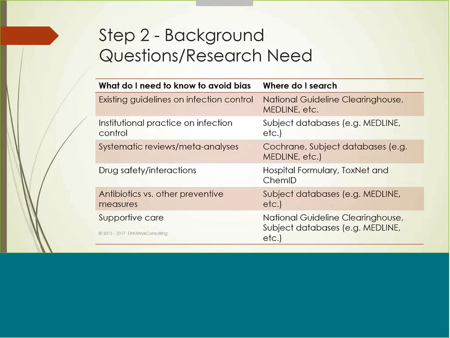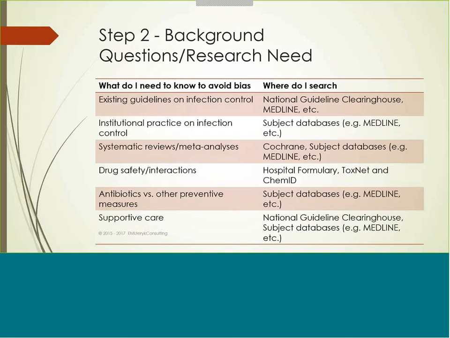And they do include Canadian guidelines. Your internal intranets probably have clinical practice guidelines, which you should become familiar with. And then certainly searching the subject databases like Medline or Embase, because a lot of societies or associations will publish their guidelines in their journal.